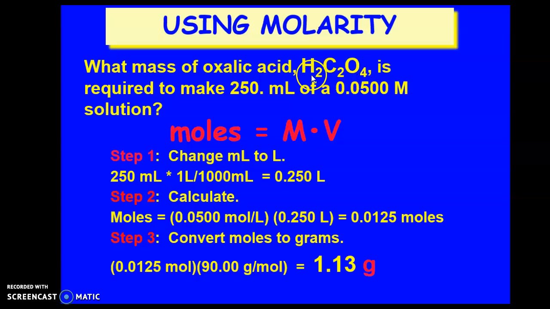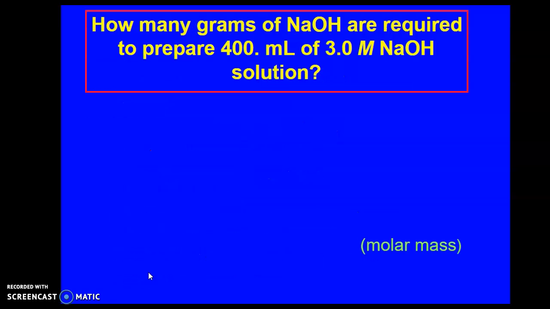That means 2 hydrogen, 2 carbon, and 4 oxygen added together. You will get 90 grams per mole. So you multiply by the answer you got in step 2, which is 0.0125 moles.